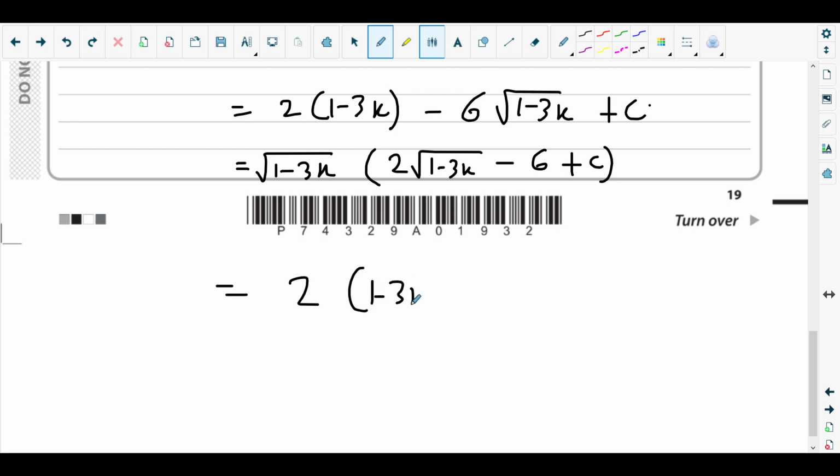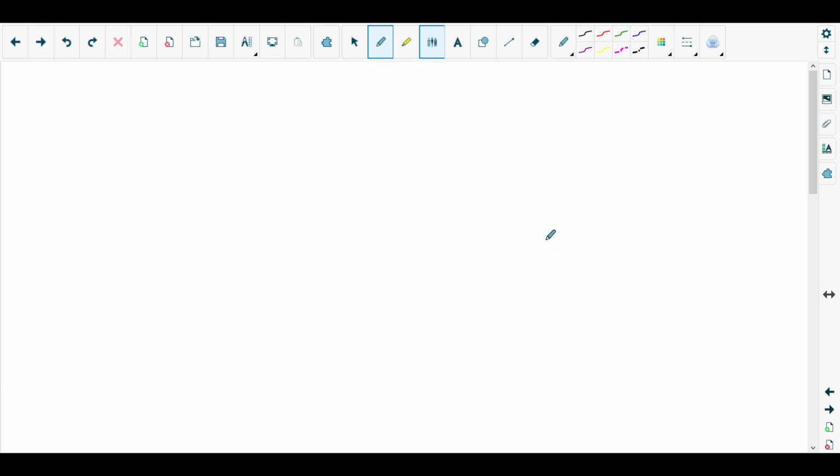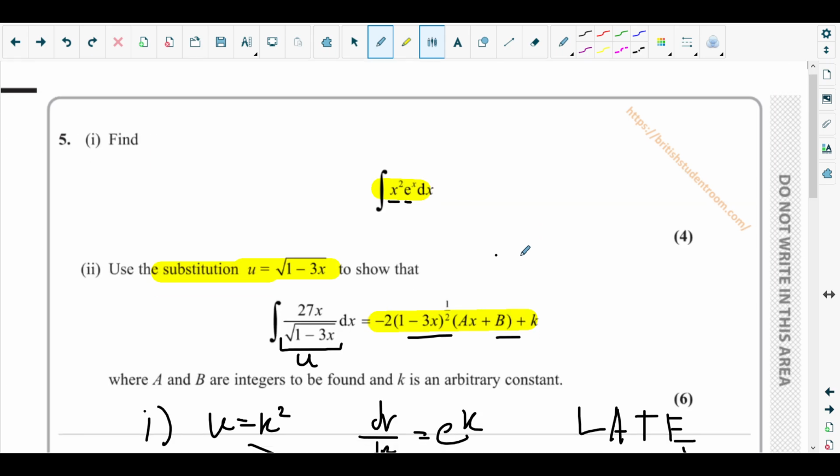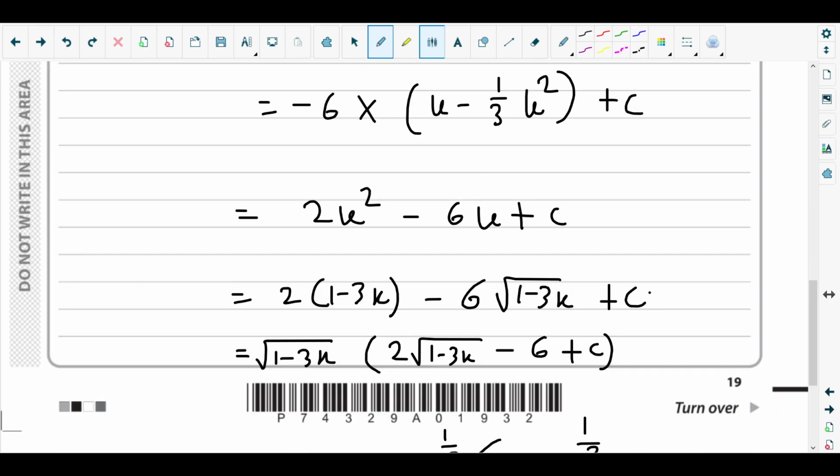So 1 minus 3x to the power half times 1 minus 3x to the power half, minus, whole bracket, 3 plus c. Is it the equation? They took negative 2 common, they got ax plus b. I think we have missed something there.